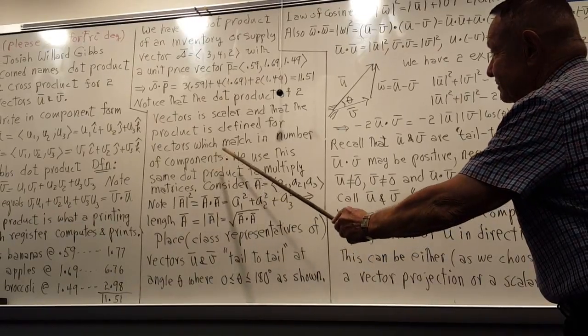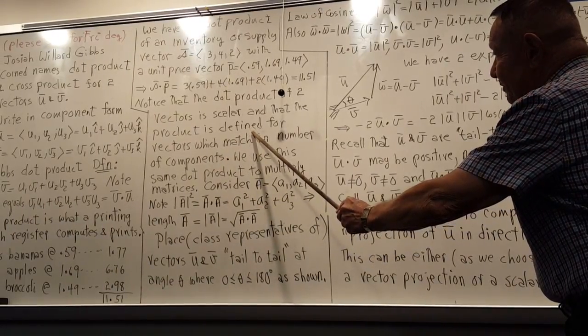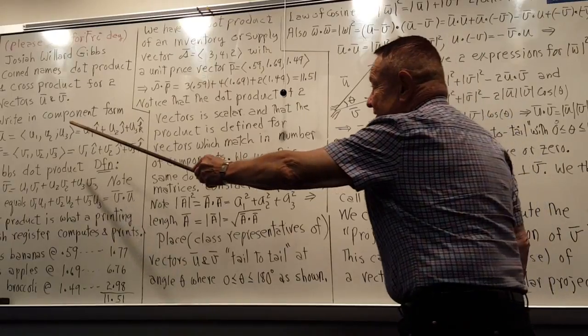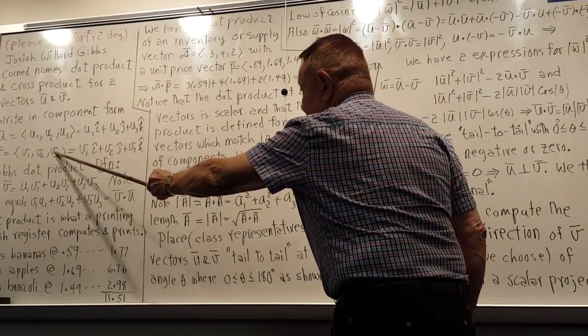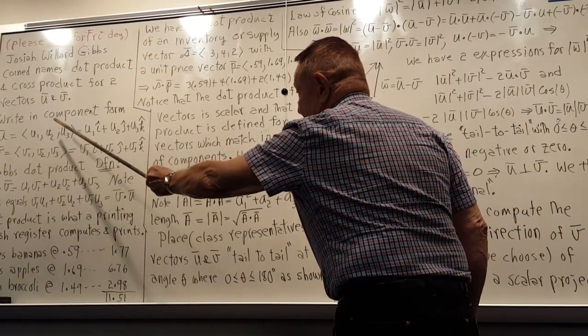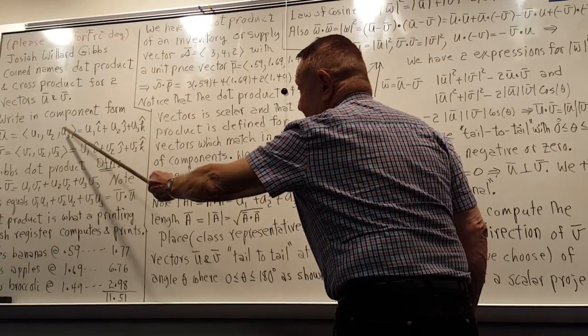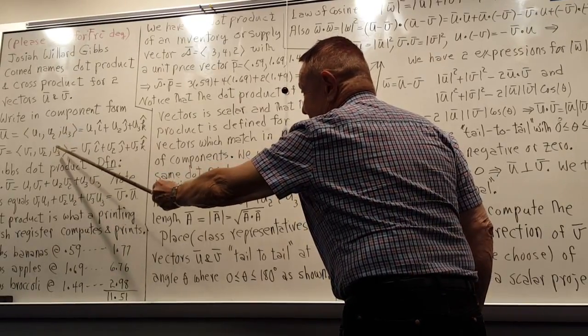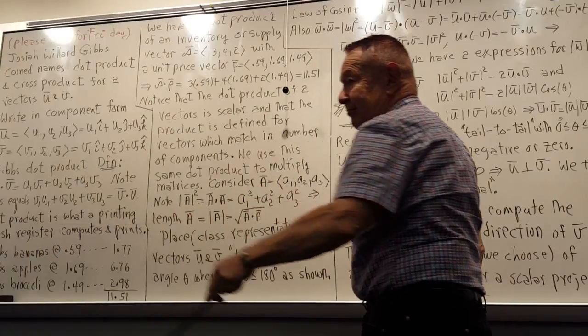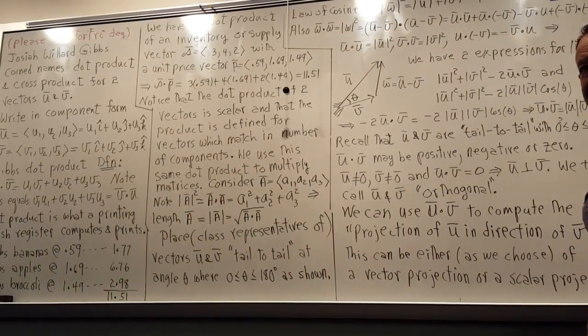So for the product to be defined, the vectors have to match in length. In other words, if it's a 3-component vector and you're dotting it, the other vector has to be 3 components, and so on like that.